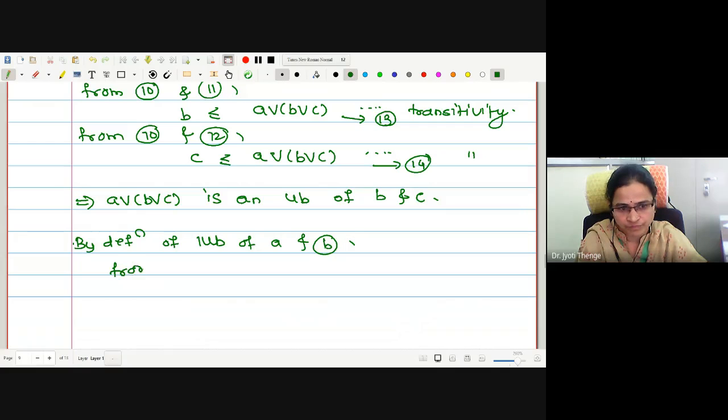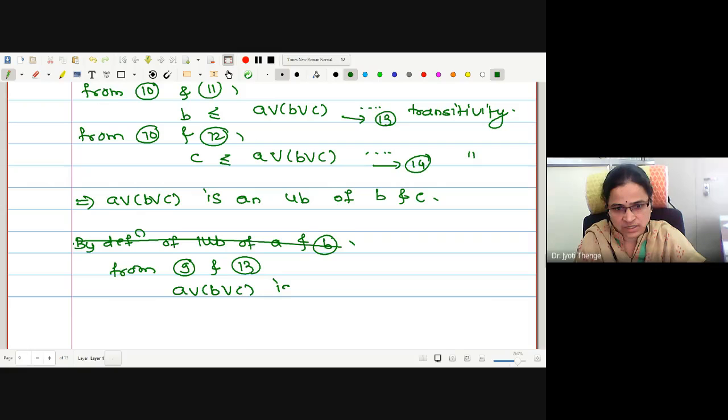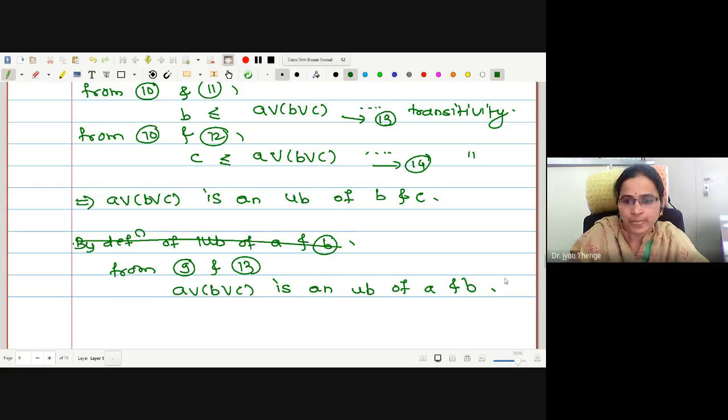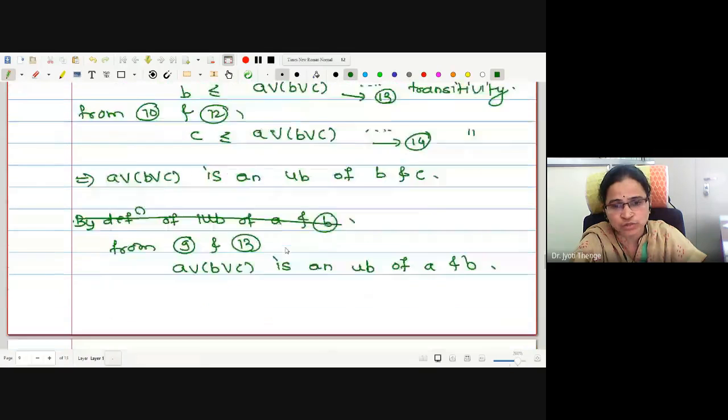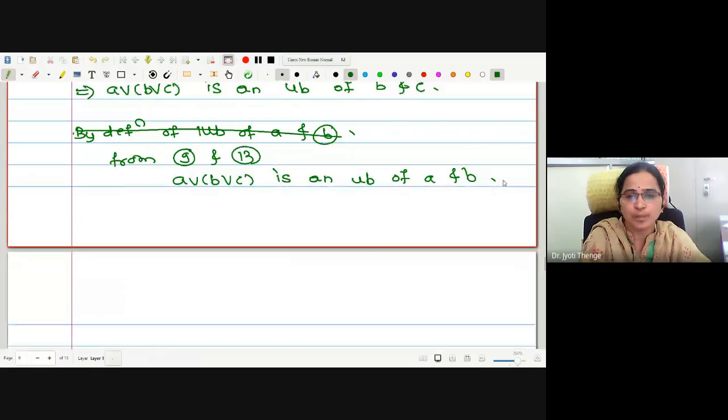From 9 and 13, A join B join C is an upper bound of A and B. Correct? A precedes A join B join C. B also precedes A join B join C. Therefore, this is an upper bound.